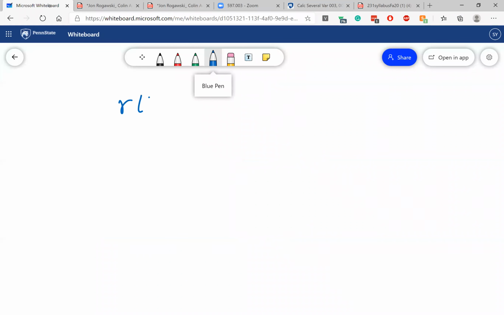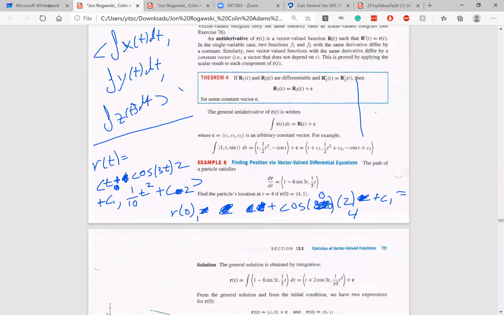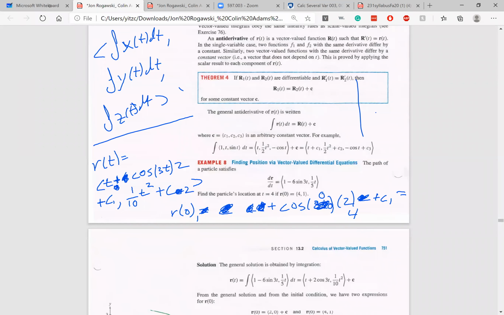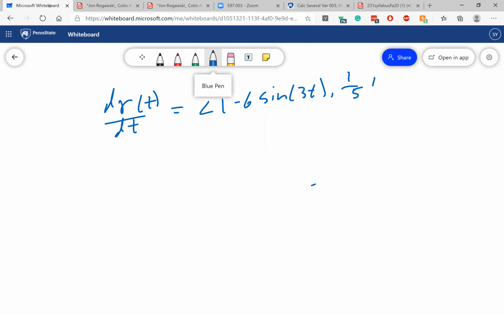So dr/dt is going to be equal to (1 minus 6 sine of 3t, 1 over 5t).